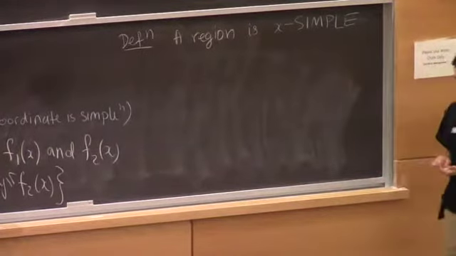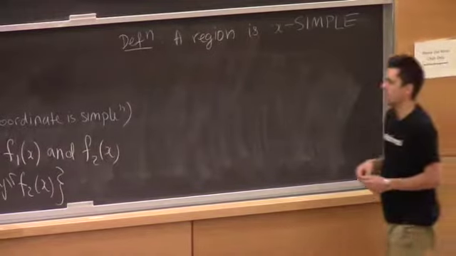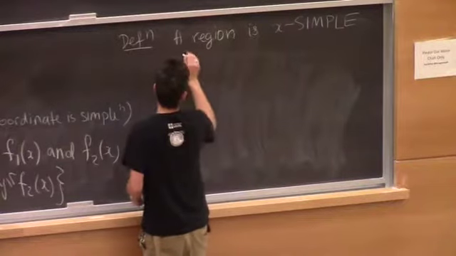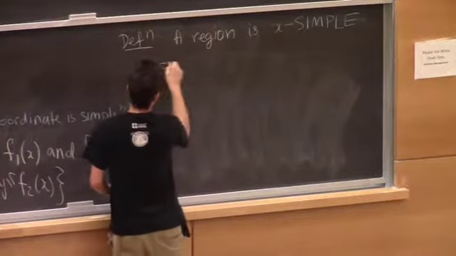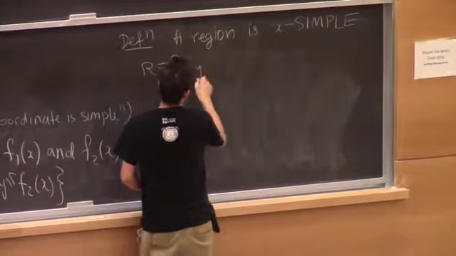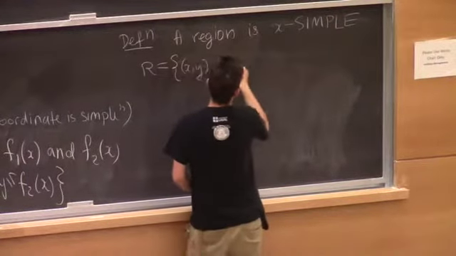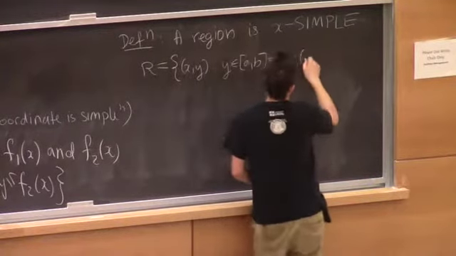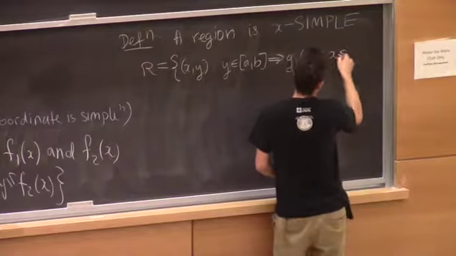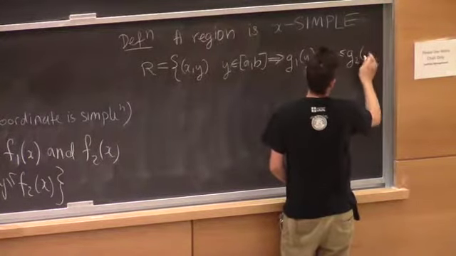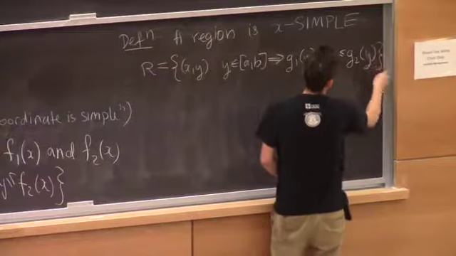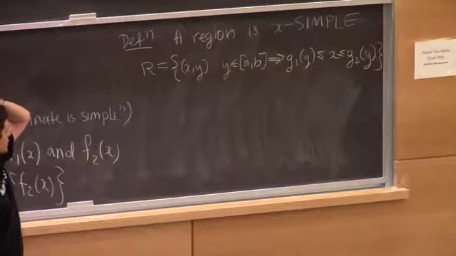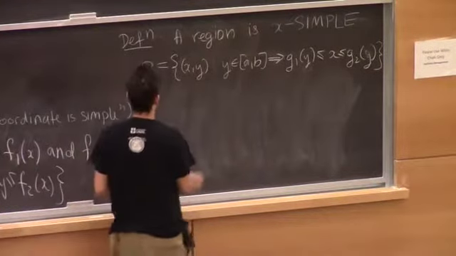Okay, we're going to say that something is x simple if a very similar property holds. Okay, so we'll say the same kind of thing, but now in the x-coordinate.